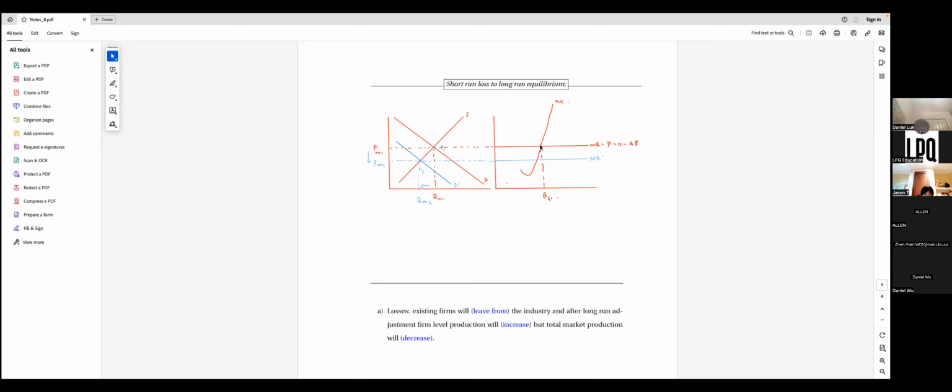ATC initially needs to be tangent to the demand curve here. Still assume the market is a fixed cost industry, so your MC and ATC will remain unchanged throughout the whole process.